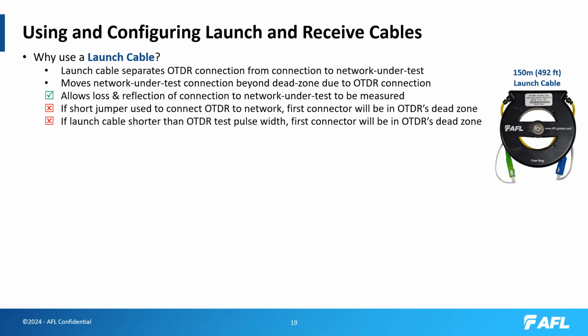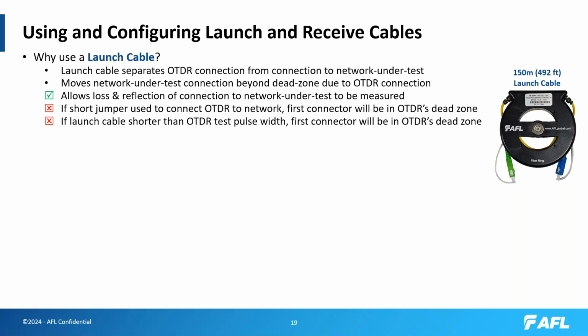You may also want to use a tail cord. A little bit more about that in a minute. So the benefit here of the launch cable is it does allow the loss and reflection of the connection to the network under test to be measured independently of the loss and reflection at the OTDR.